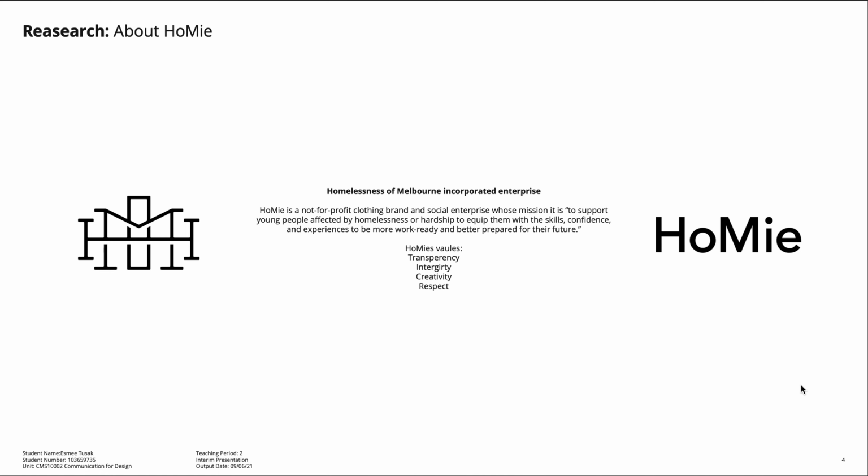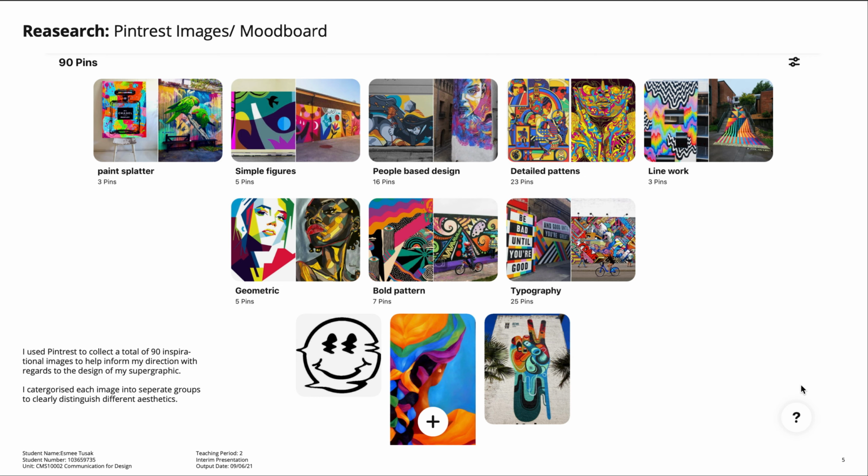In order to collect inspiration and visual guides for this task, I used Pinterest to put together a large pin board and a variety of images, which I then sorted into smaller, more manageable groups. There was a board inspired by paint splatters, simple figures, people-based designs, or more correctly, portraits, detailed patterns, line work, geometric designs, bold patterns, and typography.